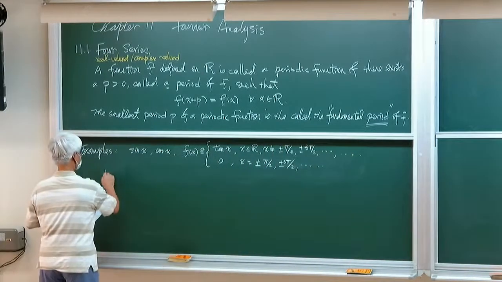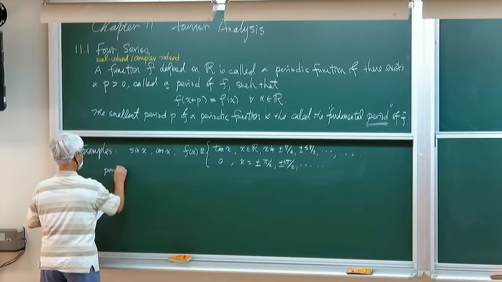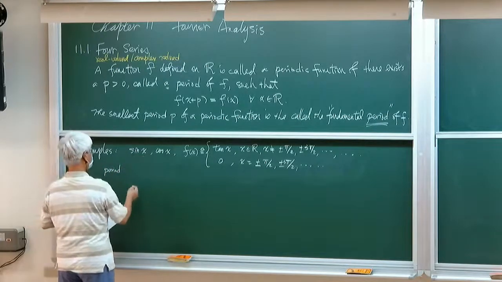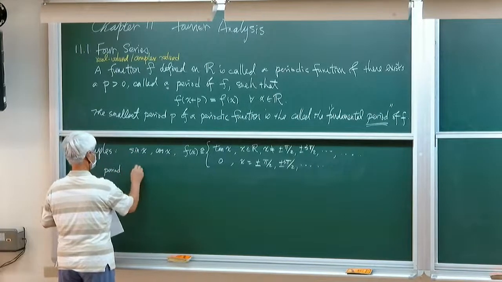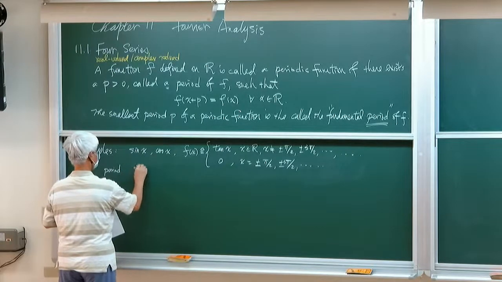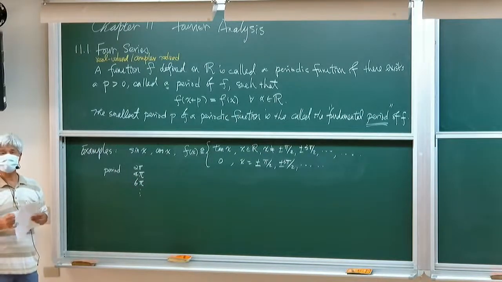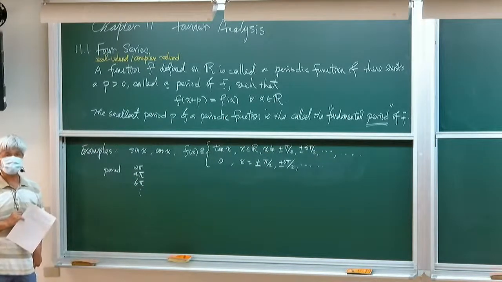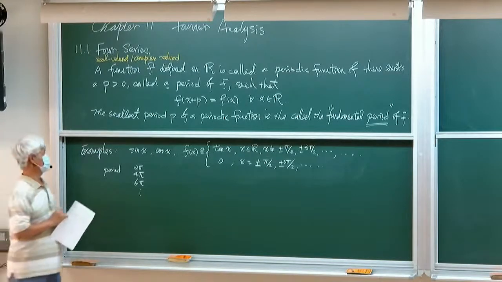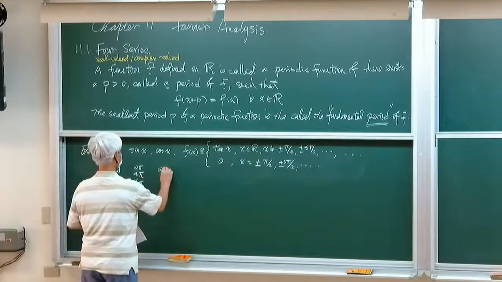So the period for the sine function can be 2 pi, 4 pi, 6 pi, many, right? And 2 pi is the smallest one. Similarly for cosine.